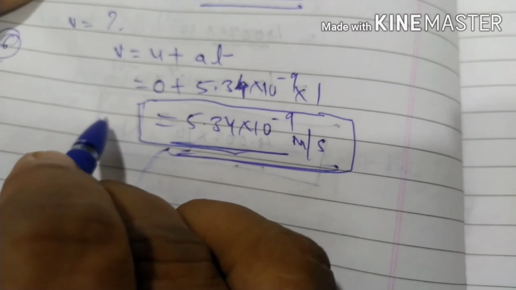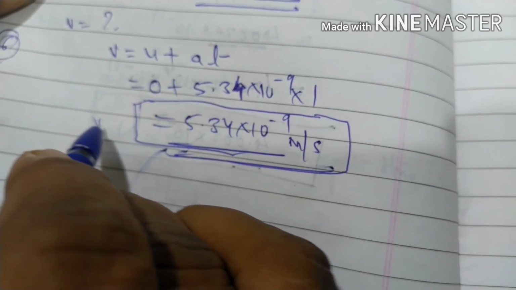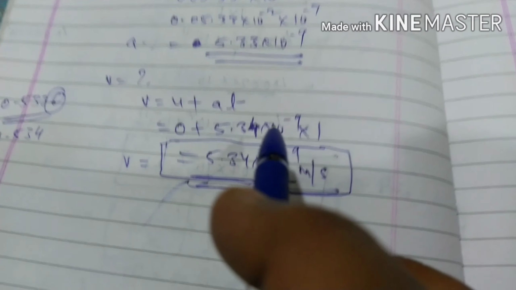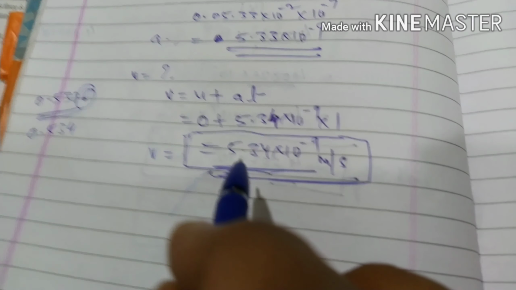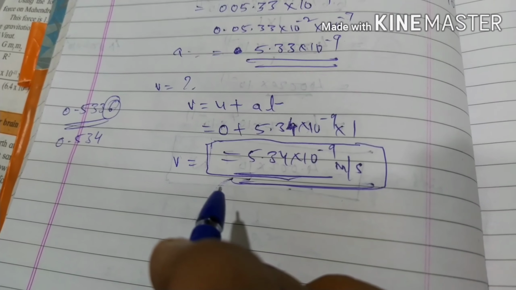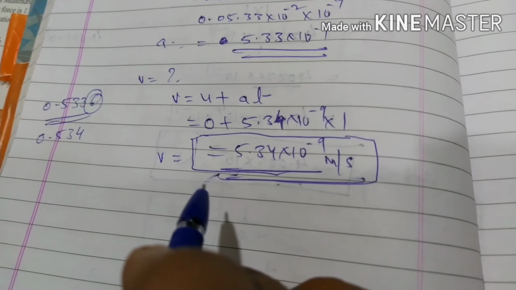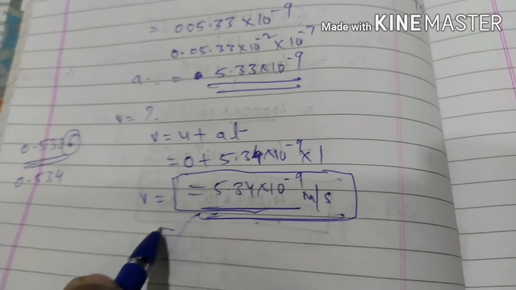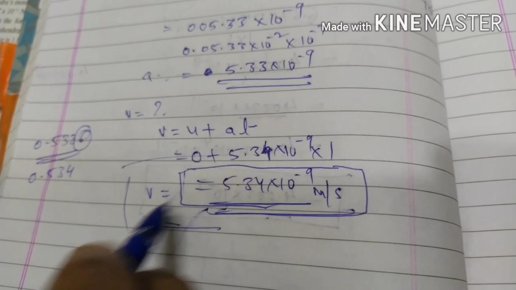So velocity is 5.34 into 10 raised to minus 9 meter per second. I think you have understood all this. So the answer is Mahendra's velocity after 1 second will be 5.34 into 10 raised to minus 9 meter per second. This is the required answer.